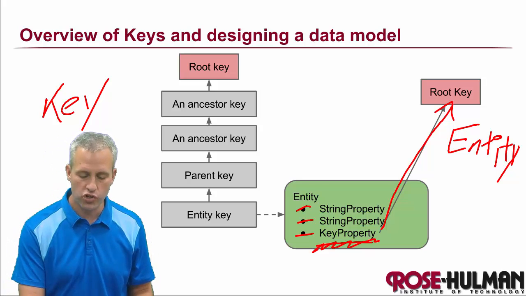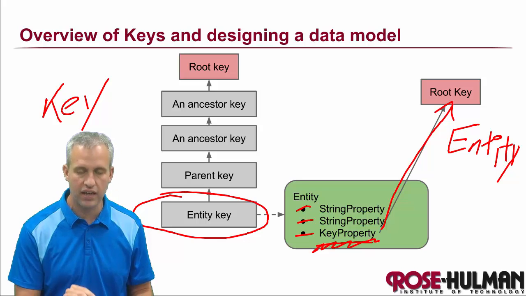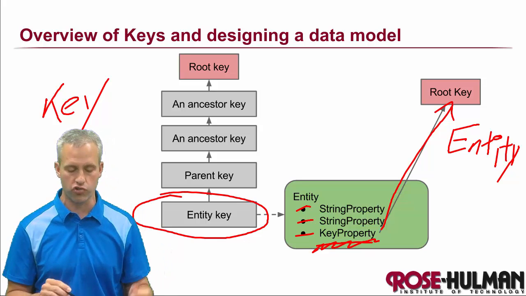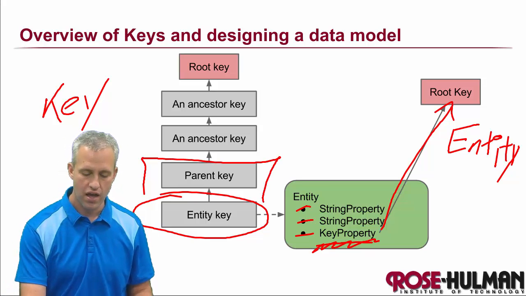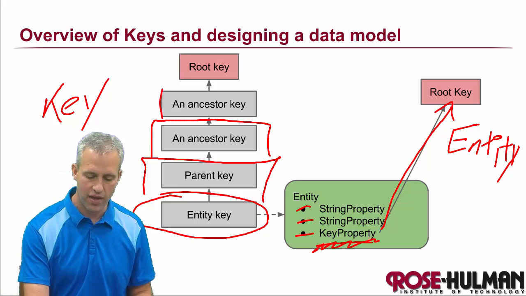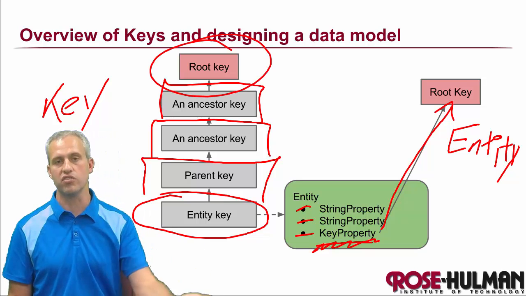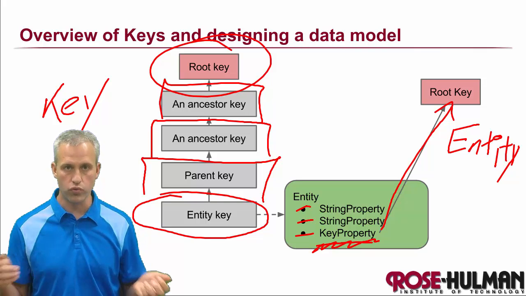The other thing I wanted to make sure you're aware of is the way keys work in a tree structure. Keys will typically have a parent, and that parent might have a parent, and that parent might have a parent. Ultimately, at some point, you're going to get to a key which has no parent, which is called a root key.